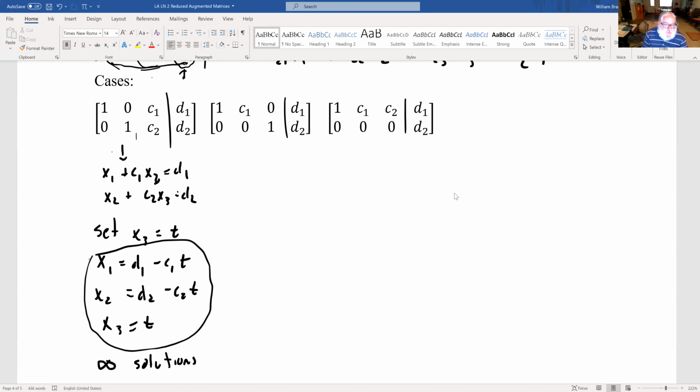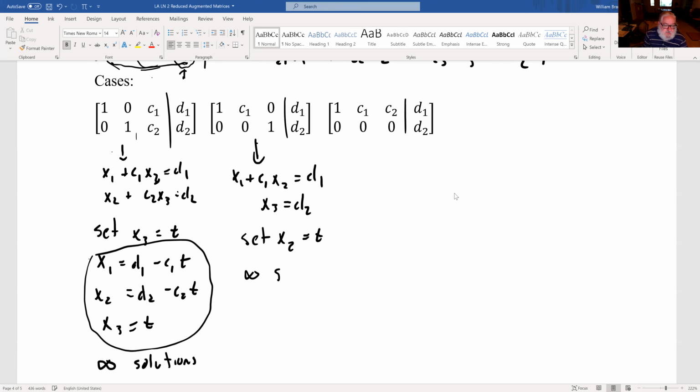Same thing for this, we will get infinitely many solutions, because this is X1 plus C1 X2 equals D1, X3 equals D2, and set X2 equal to T to be the parameter, and you get infinitely many solutions. This is the case where you might not get solutions, right?